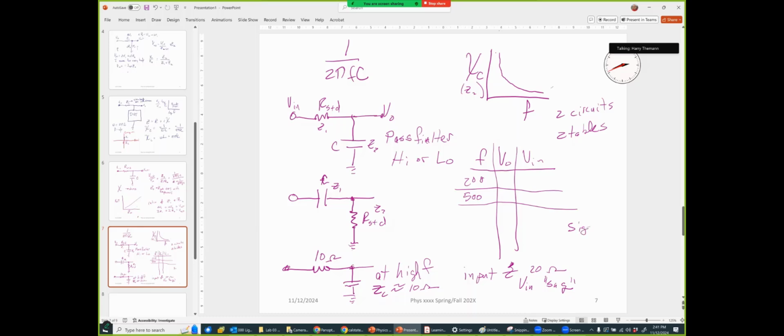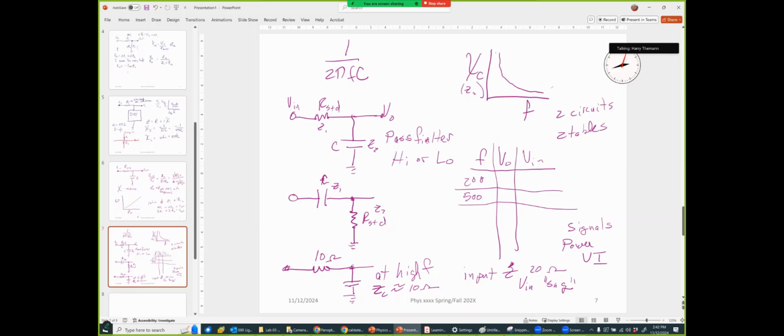signals are power, voltage times current. Your function generator is only guaranteed, if you set the amplitude at 10 volts, to deliver that to 50 ohms.